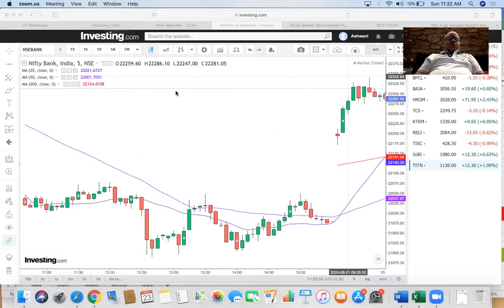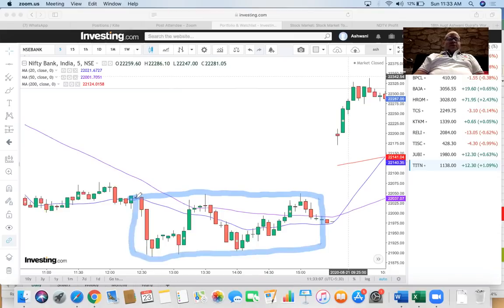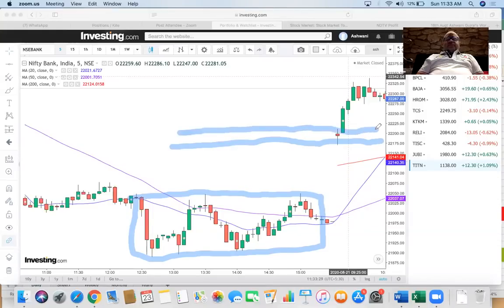So this is my congestion on the downside. So as you can see, this area becomes my stop broadly. Okay, the low of this day, which is about 22,000, this is my stop area.